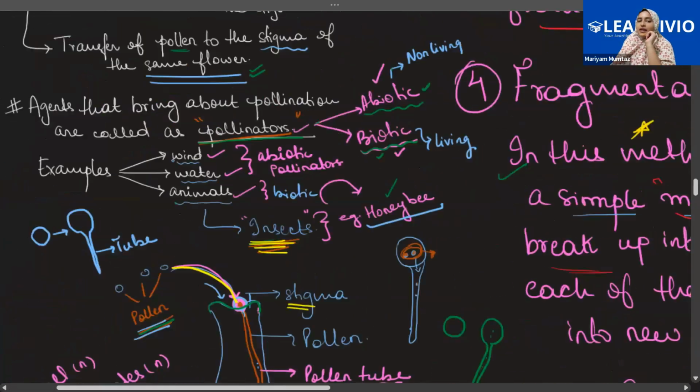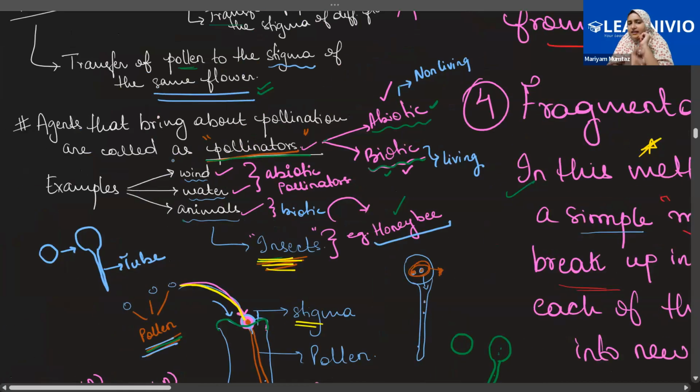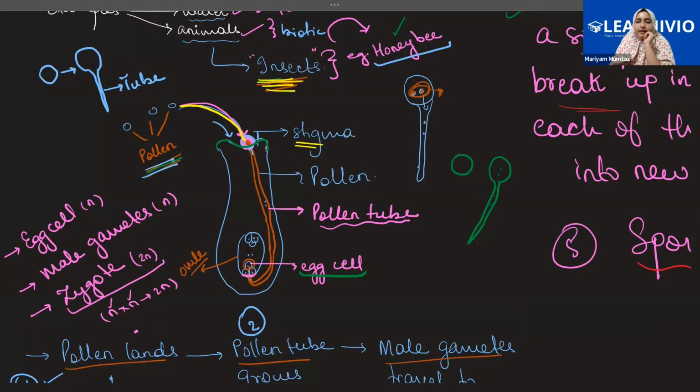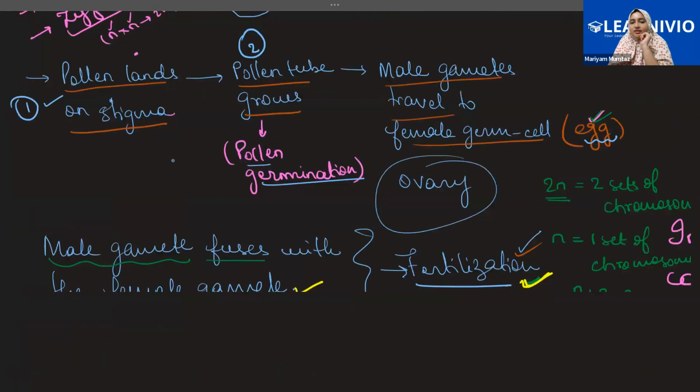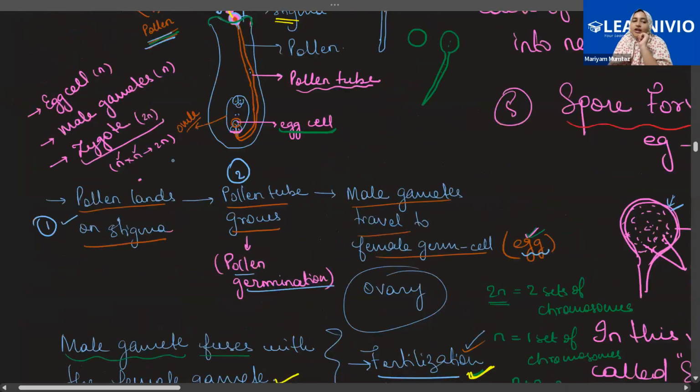The agents that bring about pollination, they are called pollinators. This is the diagram that you have drawn last. This one. Yes, ma'am.